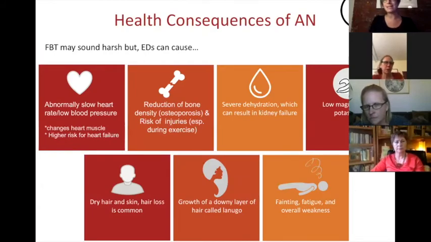For those of you who are not familiar with FBT, it might sound pretty coercive that carers or parents are taking control of food in this way, but really eating disorders can be so medically compromising that this kind of forceful approach is really needed. We can have patients with abnormally low or slow heart rates, osteoporosis or osteopenia, severe dehydration.